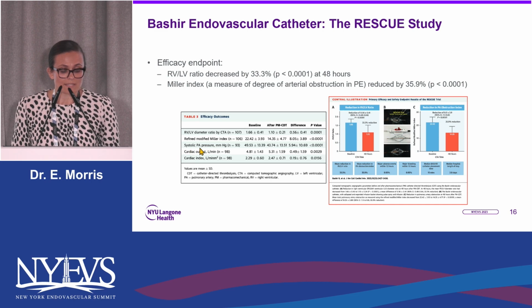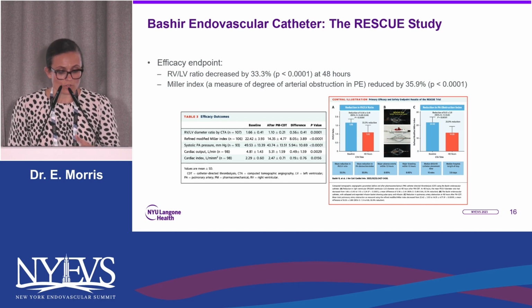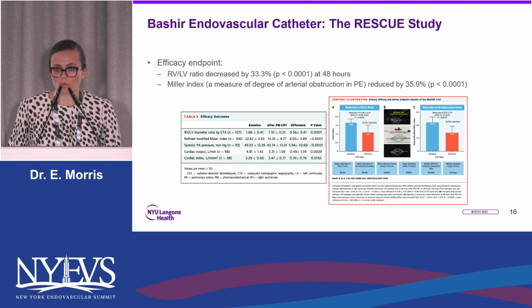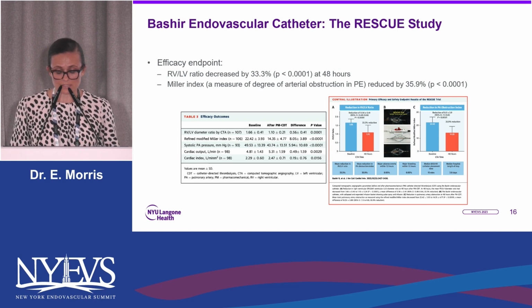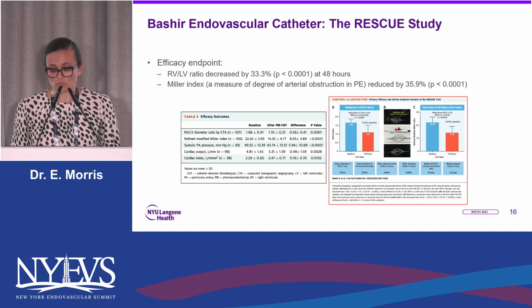Something that we always look at is the systolic PA pressure pre and post. And while it did have a significant decrease according to the p-value, I think we can all agree that going from 50 to 44 PA pressures after intervention is not exactly a slam dunk. So I don't think they're really touting that in the study, but it is something to note because I think a lot of us do pay a lot of attention to that.